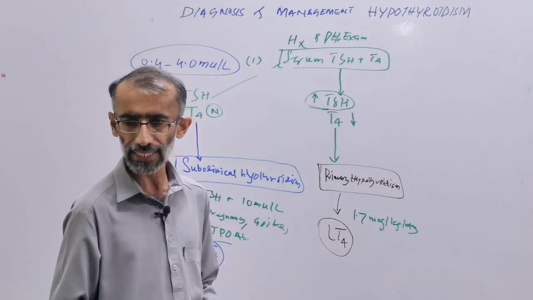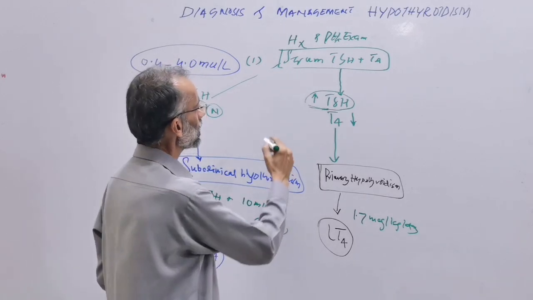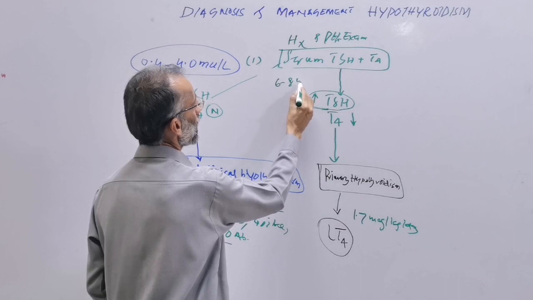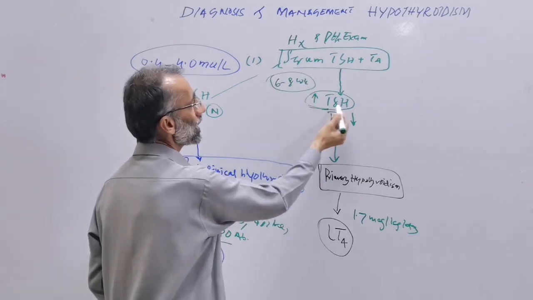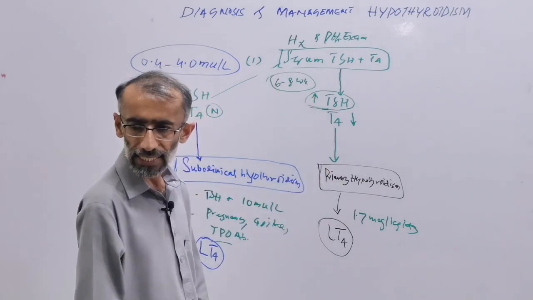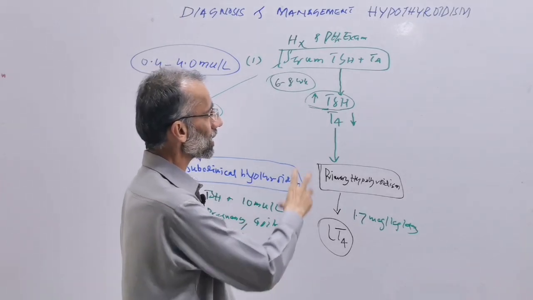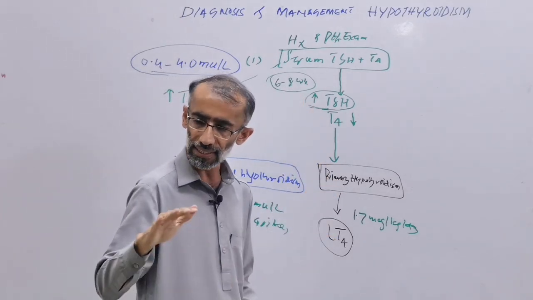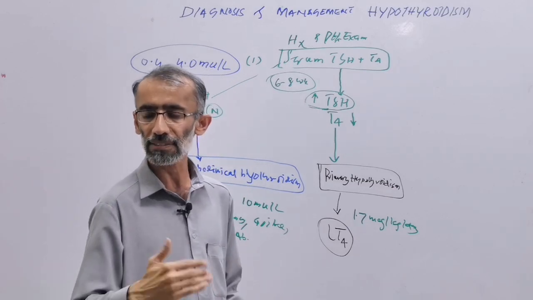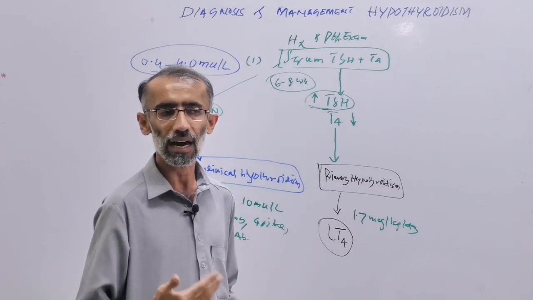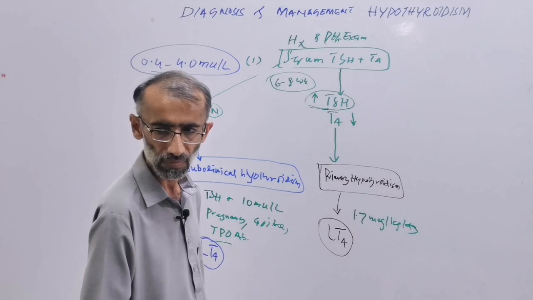Monitor every 6 to 8 weeks by repeating serum TSH. Once the TSH is normalized and stabilized, we repeat TSH annually.